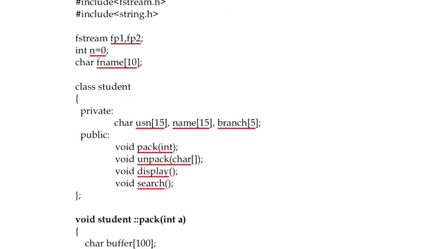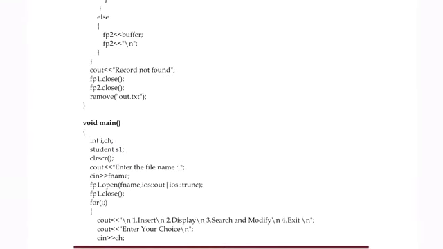Coming to your main function, we are creating a student object, or declaring a student object. Next, we are going to enter the name of the file. In case we have a previous copy of the same file, we are just going to truncate the contents, that is, delete the contents which were previously present.